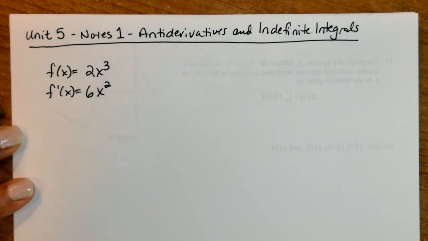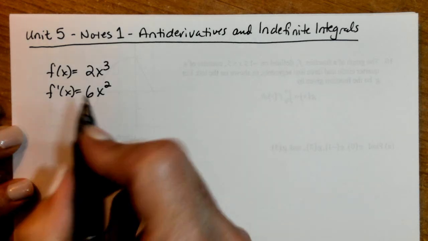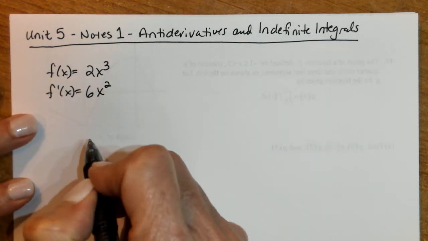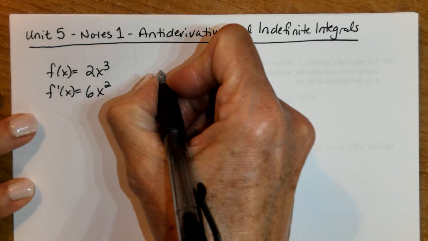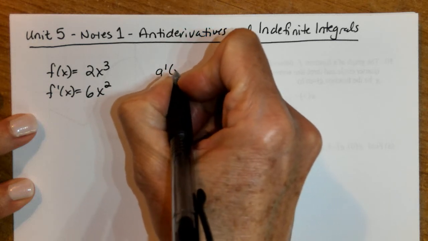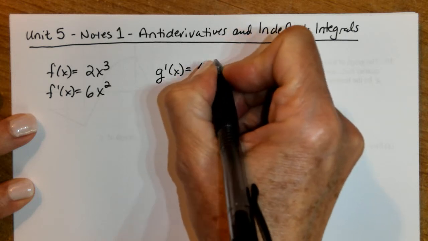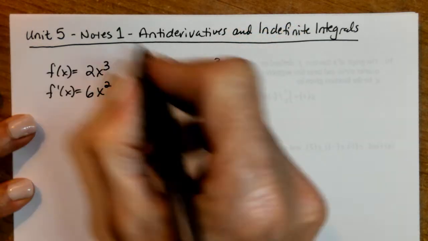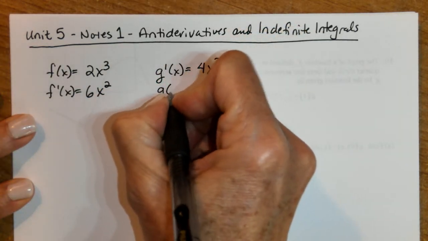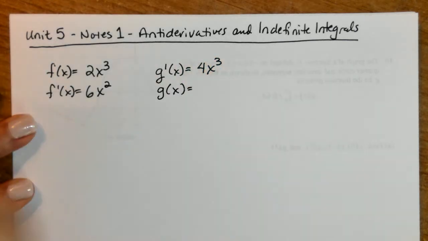So my question is, what if we didn't know what the original function was? What if we're only told that the derivative of some function is, let's say, 4x cubed, and we're trying to get to what is the original function? What function's derivative is 4x cubed, in other words?